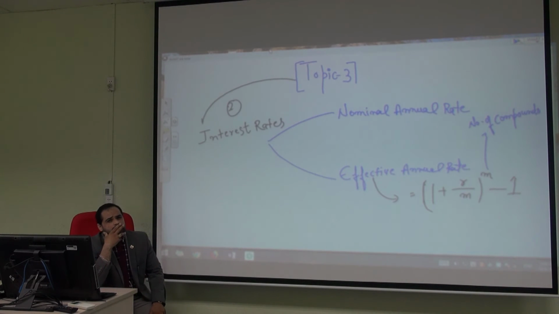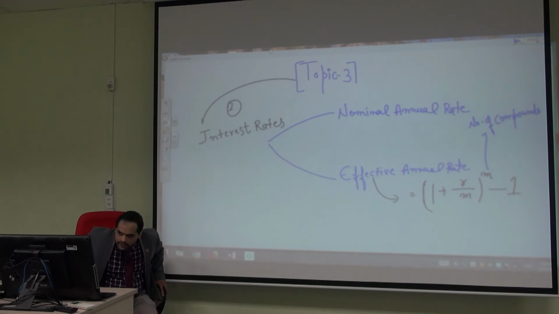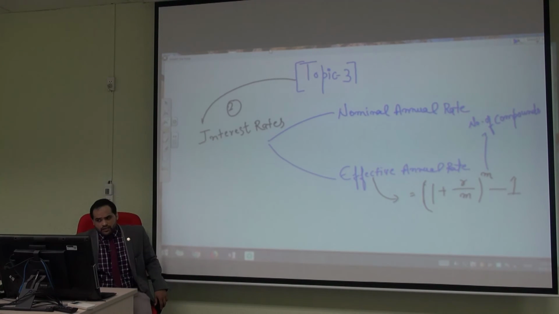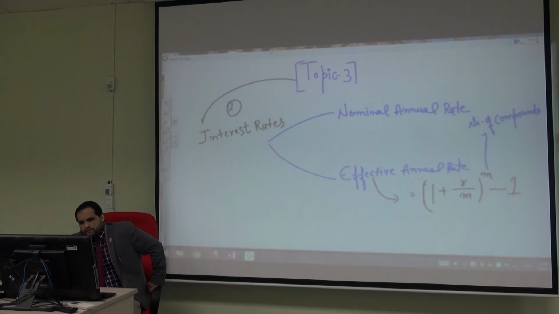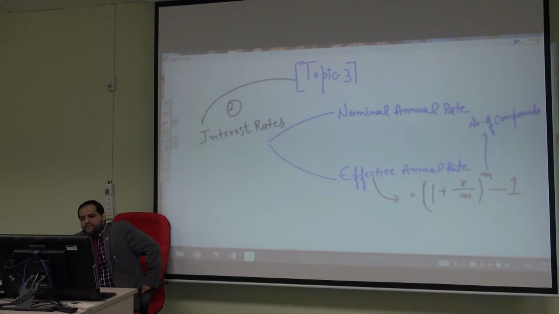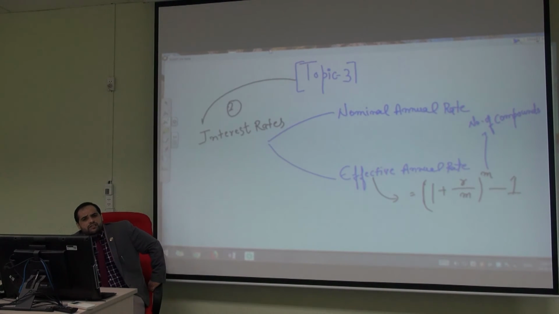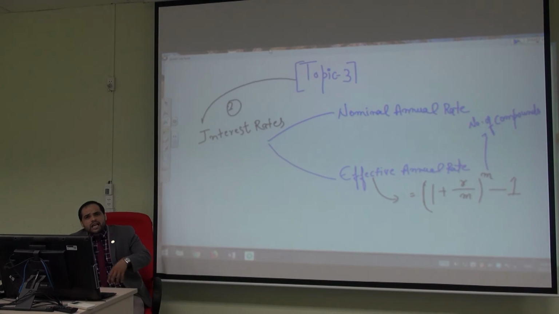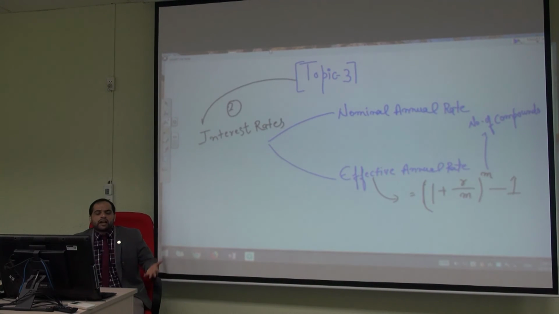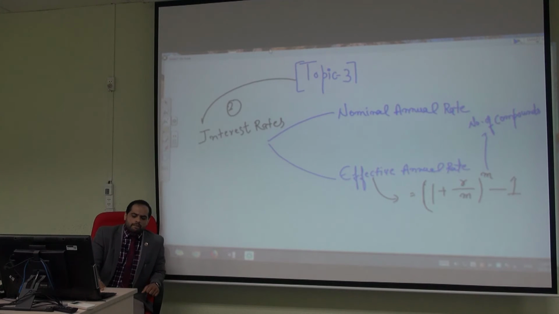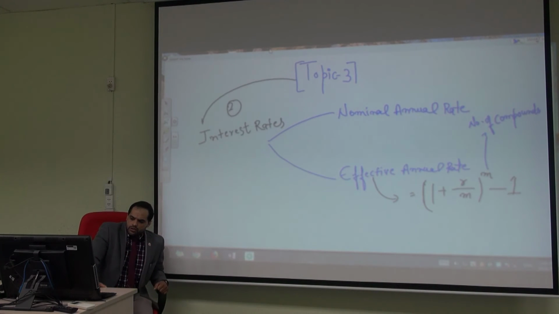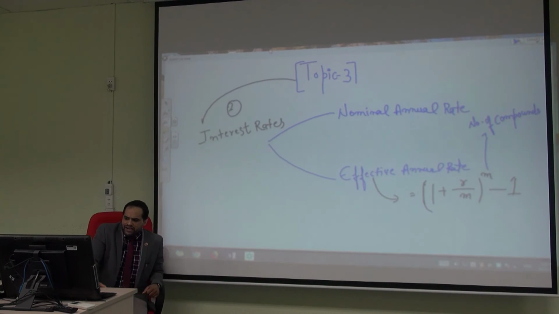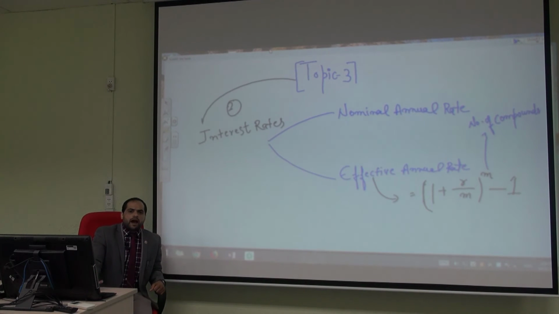So the conclusion about the nominal annual rate and effective annual rate is to always remember this when we are estimating our effective annual rate. The effective annual rate is generally higher than the nominal annual rate. The reason is that the effective annual rate is based upon compounding.